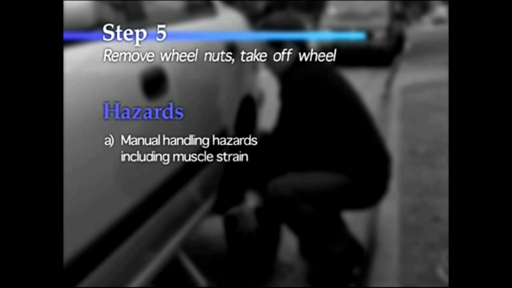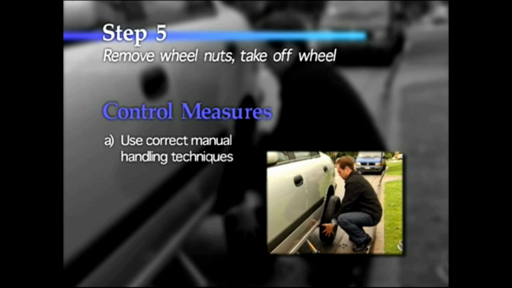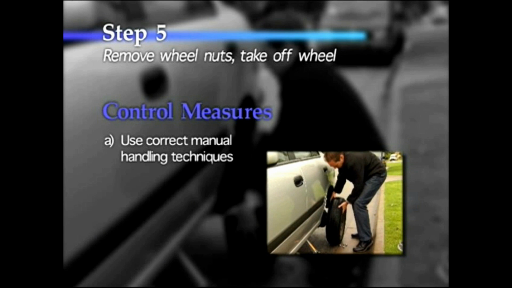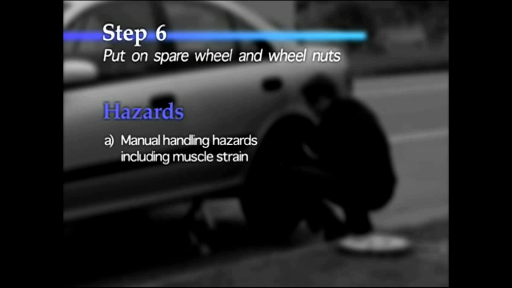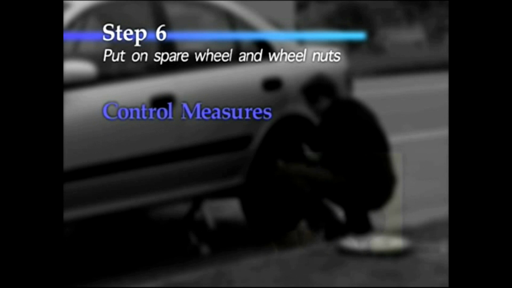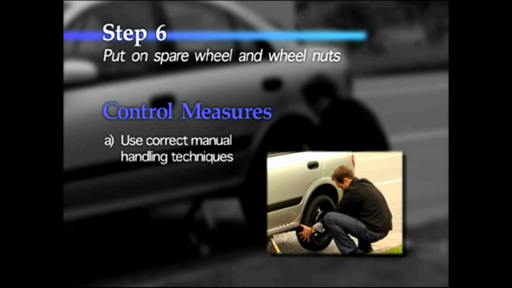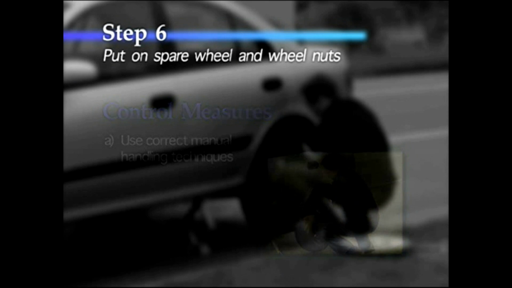Step 5 presents a possibility of muscle strain or back injury, and the appropriate control measure is to use correct manual handling techniques. Step 6 can again lead to muscle or back strain, so once again, the control is to utilize appropriate manual handling techniques.